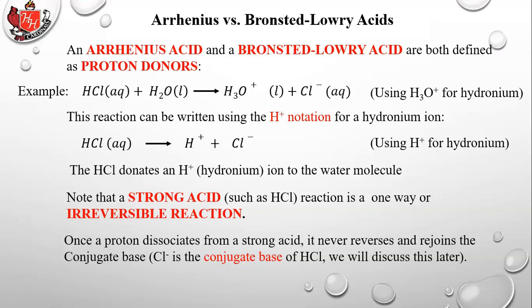Cl- is the conjugate base of HCl. We'll discuss this concept later on in this lesson. But if it's a strong acid, once that H+, that proton breaks away, it will never go back to its acid to reform. That's why it's a one-way reaction. And this is why the arrow points from left to right only.